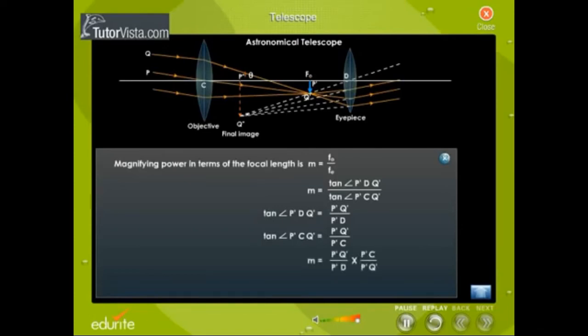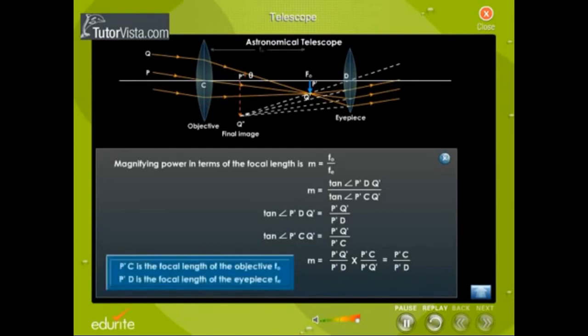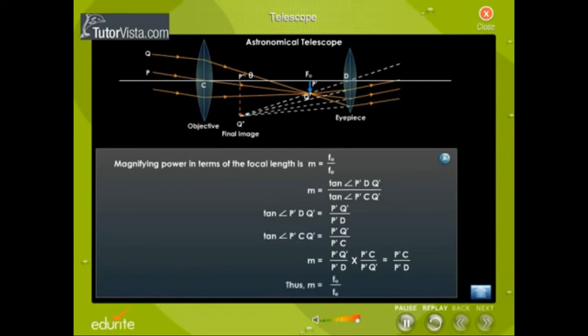M is equal to P'Q' by P'D into P'C by P'Q', that is equal to P'C by P'D. P'C is the focal length of the objective FO. P'D is the focal length of the eyepiece FE. Thus, M is equal to FO by FE.